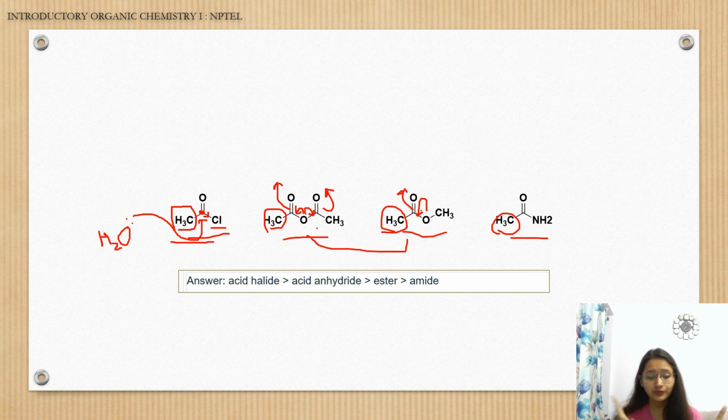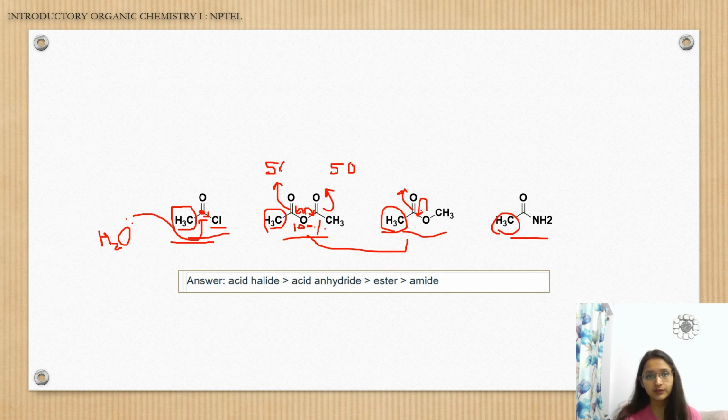So here, at a time, oxygen will be delivering the electron density to one carbonyl only. At a time, one carbonyl is getting a higher electron density than the other carbonyl. So one carbonyl is always more electropositive than the other carbonyl, right? So this is how you have to see it. If I say 100% donation is taking place, then there is 50% donation to this particular carbonyl and 50% donation to the other carbonyl.